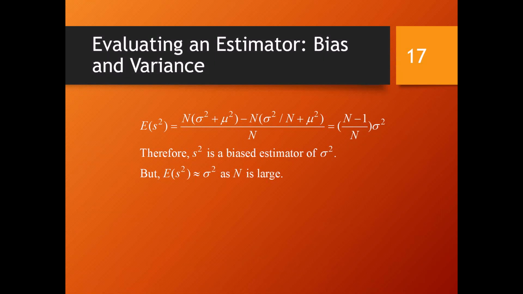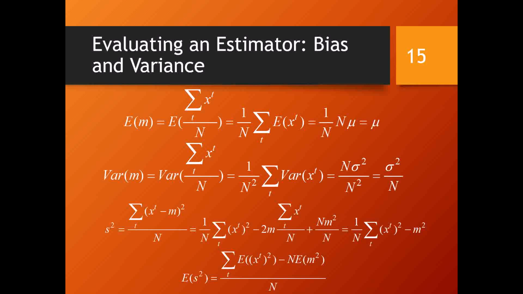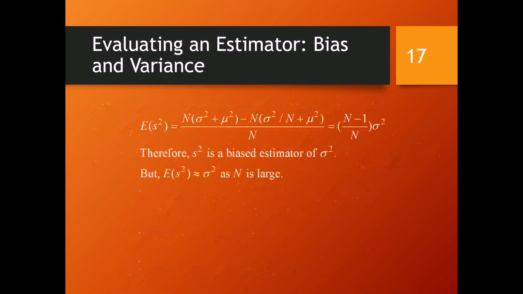So this approach is not an unbiased estimator. In other words, if we use this approach to calculate the variance, it is a biased estimator, because the factor is n minus 1 divided by n, not exactly equal to 1, but almost equal to 1.